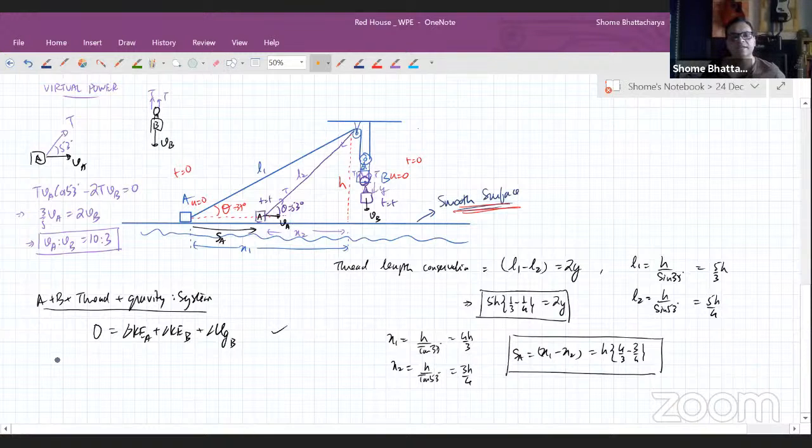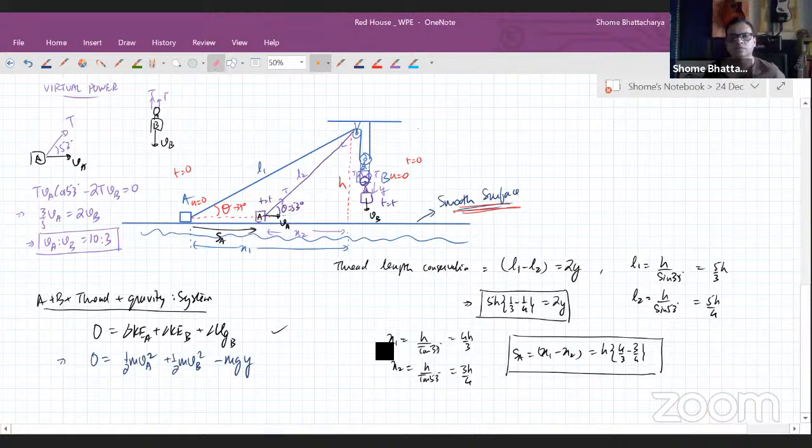So change in kinetic energy for A will be half m VA square. Change in kinetic energy for B will be half m VB square. And this will be minus mgy. Okay.